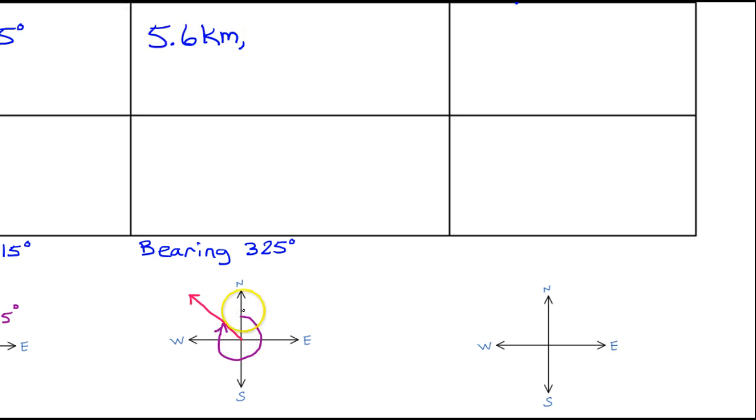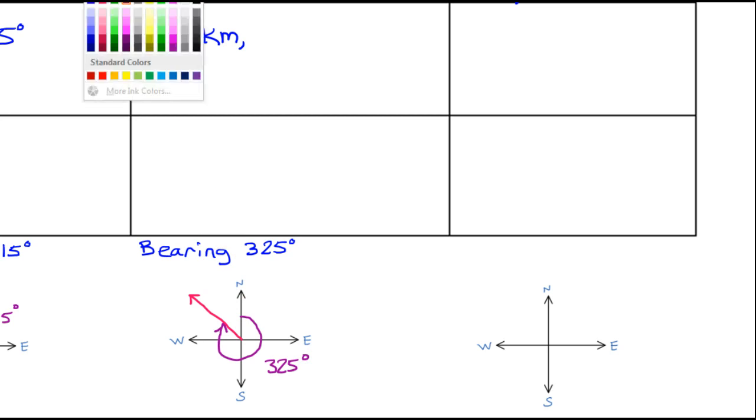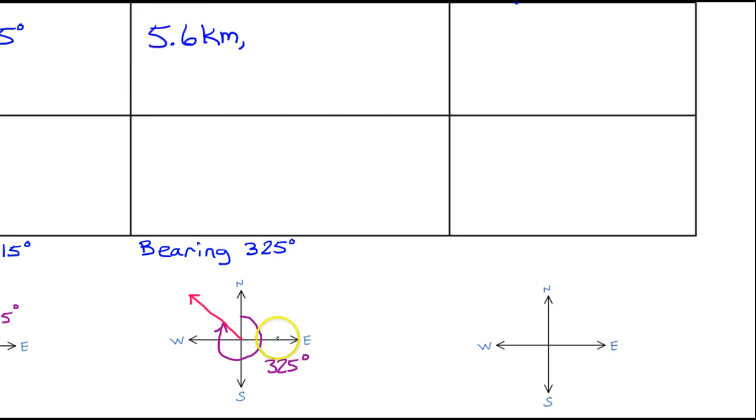Okay, so this purple angle here is 325 degrees. That's my bearing. Now what I need is this green angle, theta, measured counterclockwise from the positive x-axis. This is what I need.